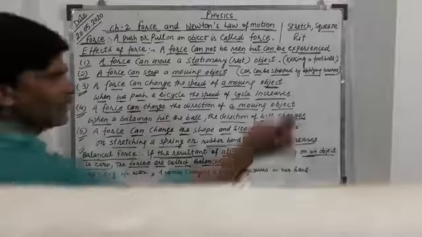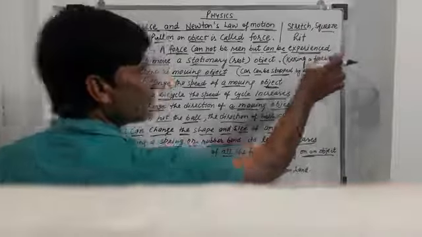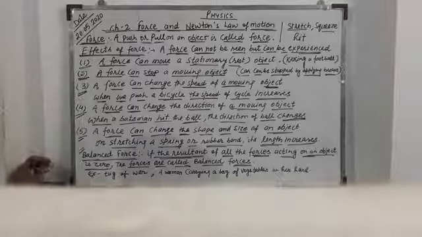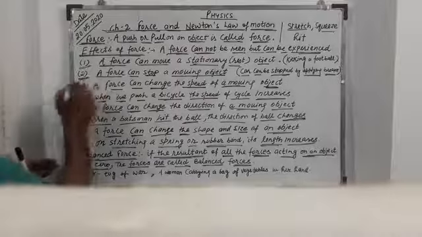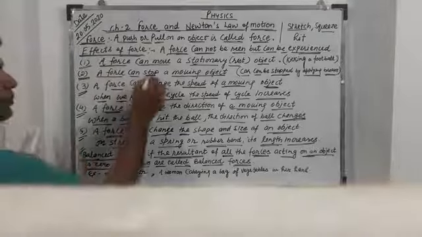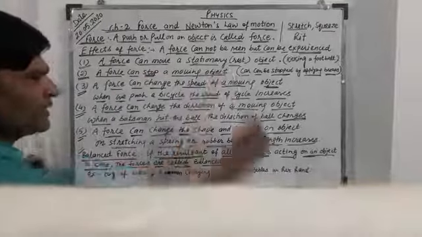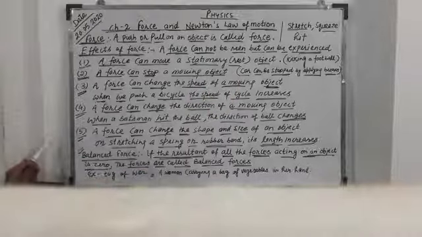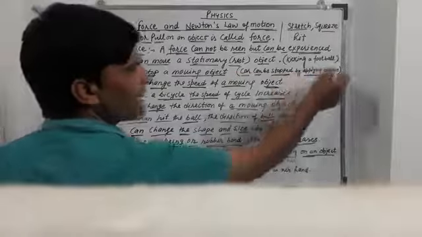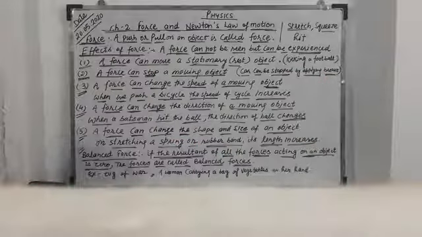For example, a ball moves by kicking it. Effect number 2 is that a force can stop a moving object. The example of this is a car can be stopped by applying brakes.